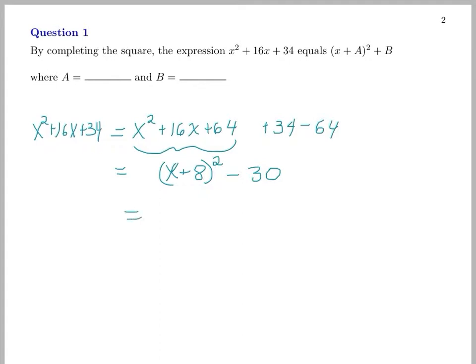And so that is of the form x plus a squared plus b, where a is 8 and b would be minus 30. So I'm going to put a equals 8 and b equals minus 30.